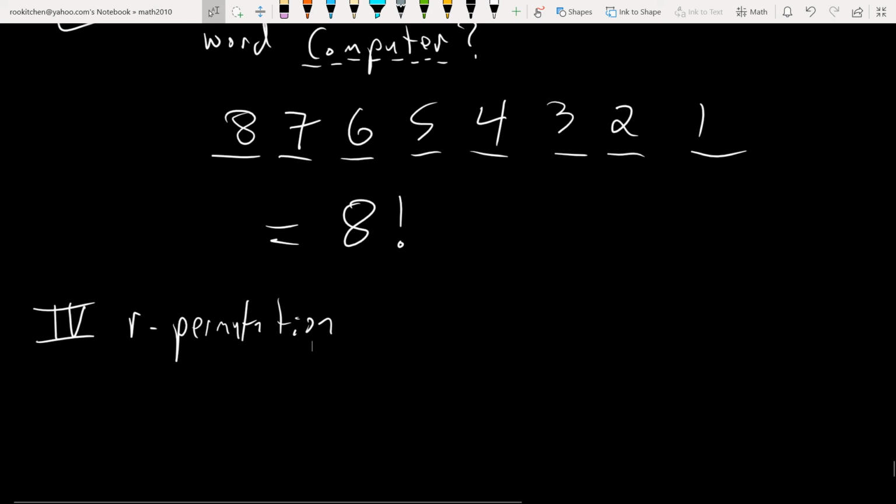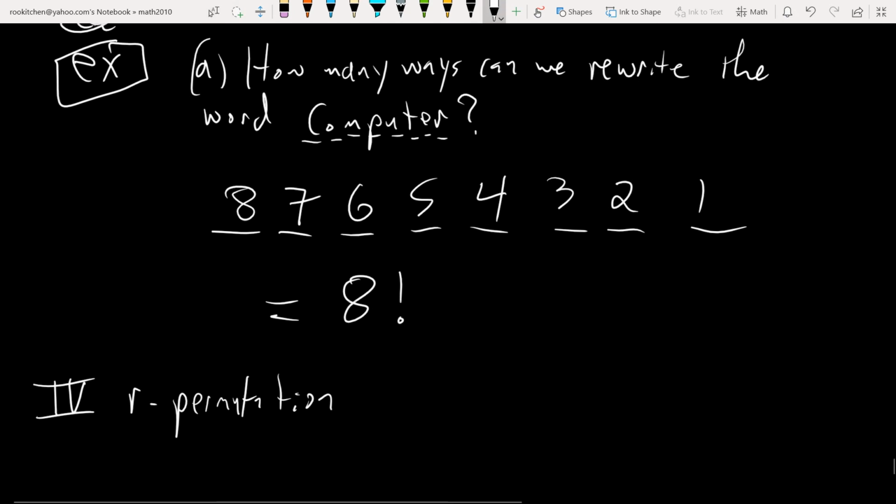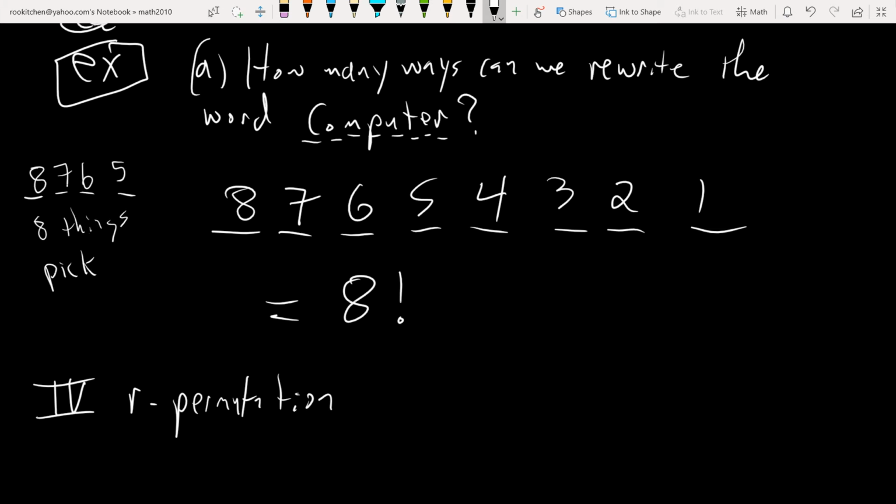Maybe you have 8 things to pick from, and you only pick 4 of them. How many different words can you form if you pick 4? So in the previous example, again, you have the first decision, and there's 8 letters to pick from, and then once you pick one of those, there's only 7, and then 6, and then 5. So in this case, there's n things to pick from, and we pick 4 of them.